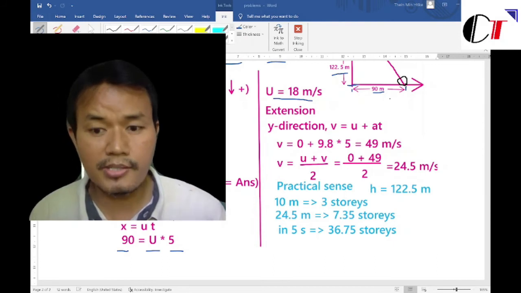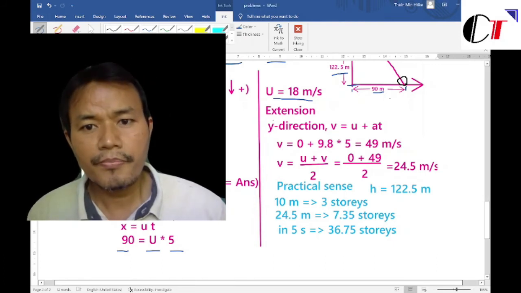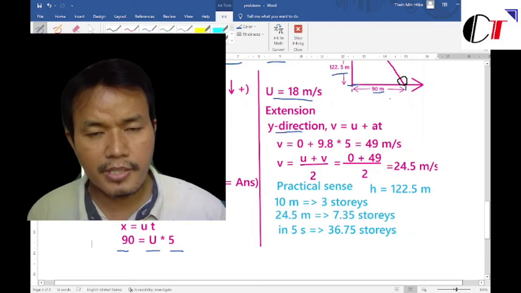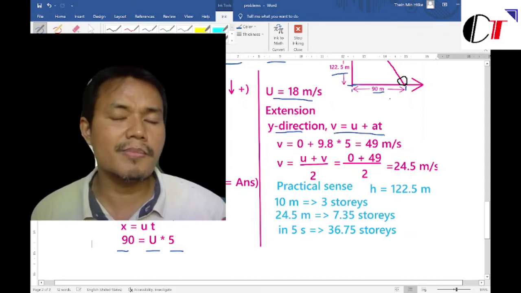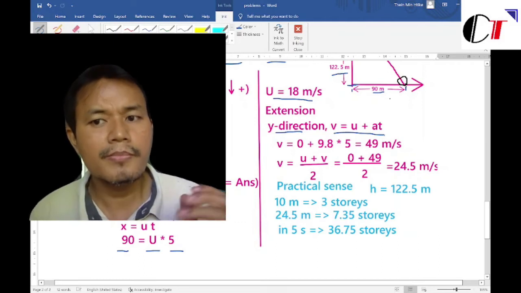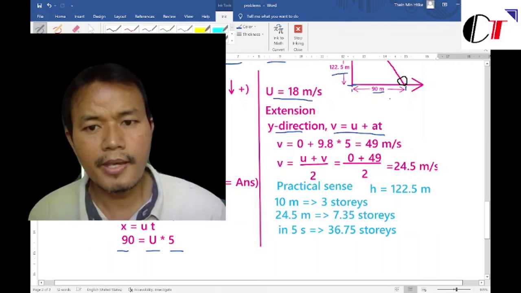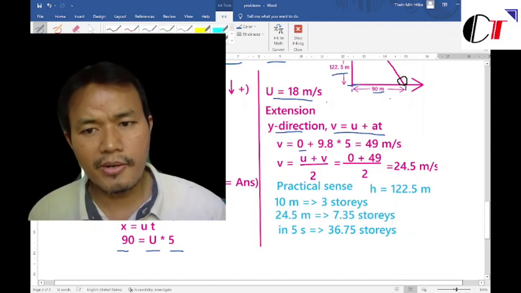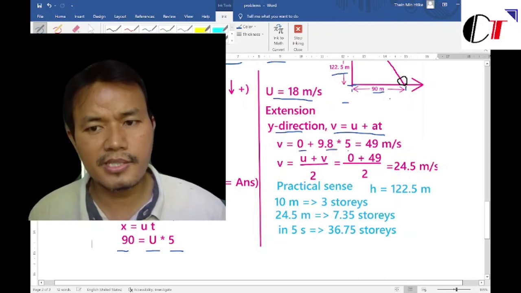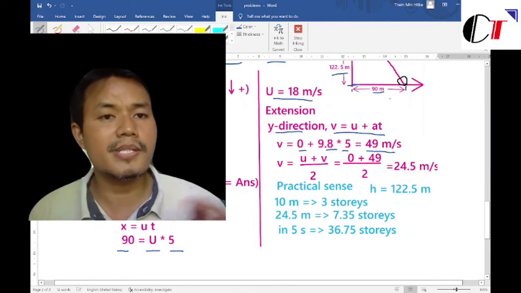If you look at the motion in the y direction, because it's constant acceleration, the final velocity can be found by initial velocity plus acceleration times time t. The initial speed is 0, the acceleration is 9.8, the time is 5 seconds, so you will get 49 meter per second.